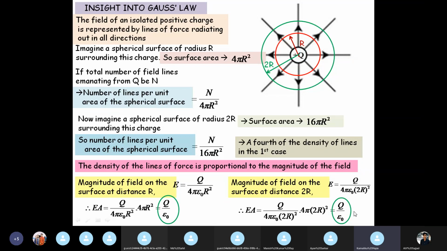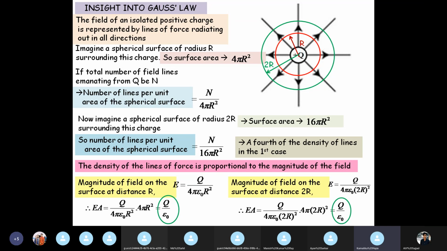It remains Q by epsilon naught for the green sphere, that is the larger sphere. Whatever the radius of sphere you take, you can draw infinite number of spherical shells like this of different radii surrounding this charge Q. The product of the magnitude of the field and the area of that particular sphere will always remain equal, and the value will always come to Q by epsilon naught.